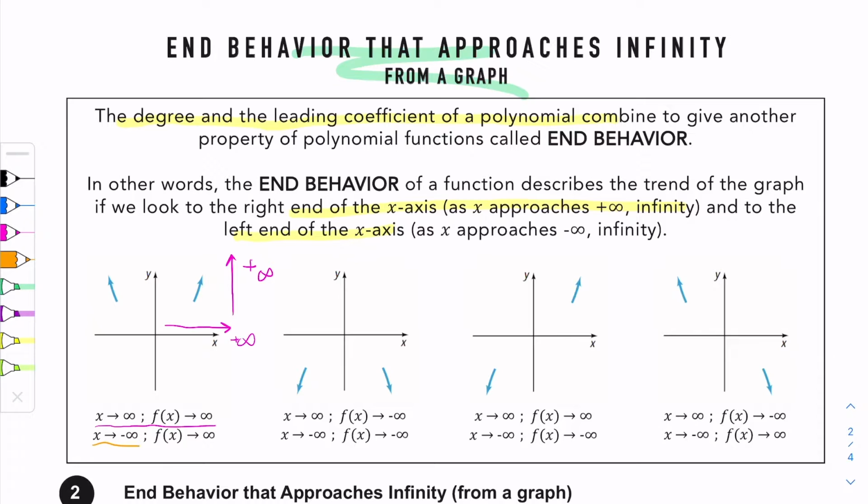If x heads towards negative infinity, the function still heads towards positive. If we head towards negative infinity on the x-axis, the function is still heading up towards positive infinity on the y-axis. That means anytime you look at a graph and you have two ends that face up, it corresponds with this end behavior.